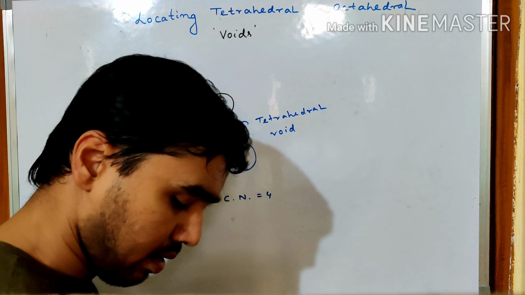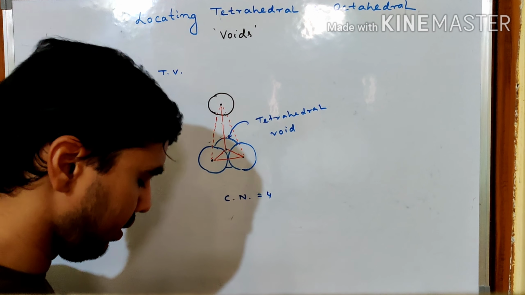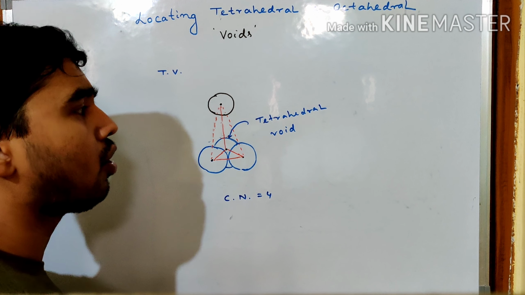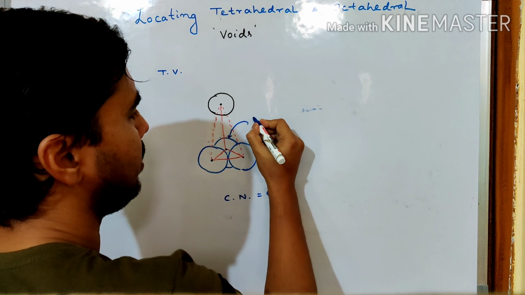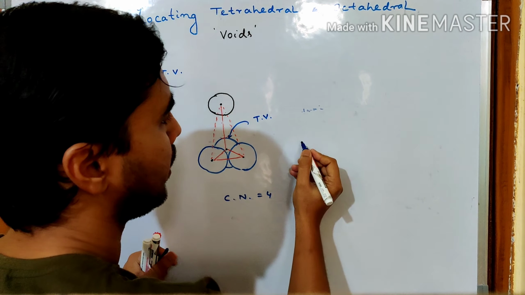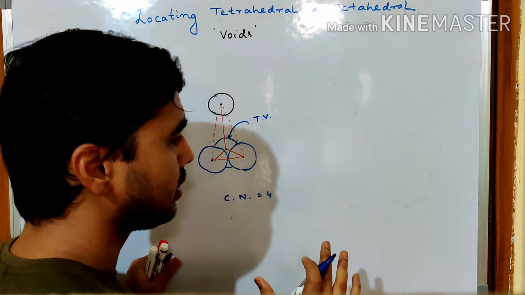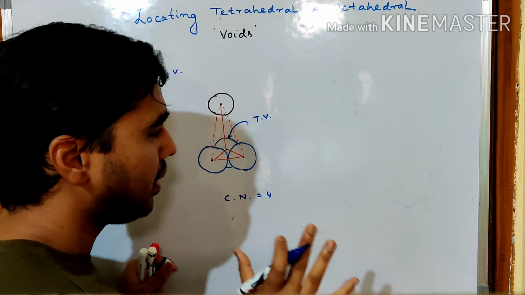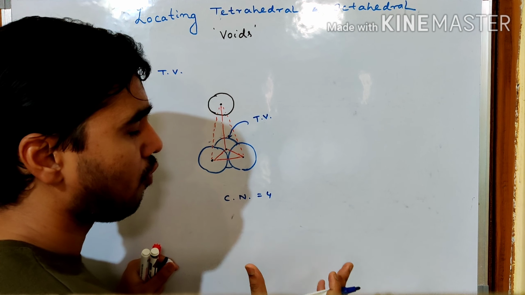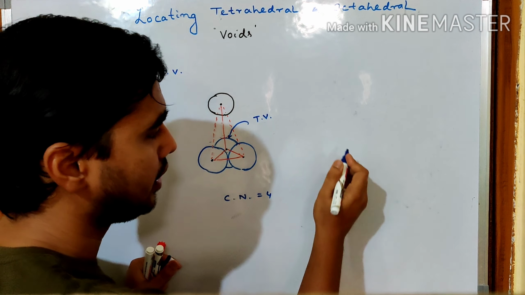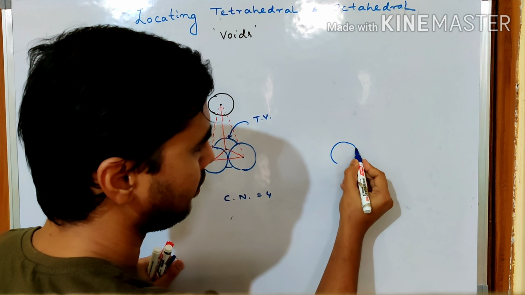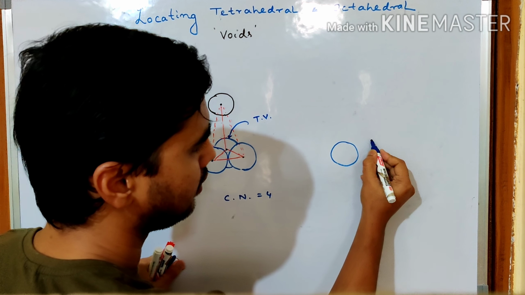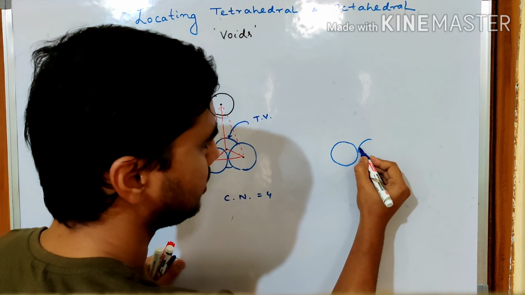Now, along with tetrahedral void, let us see how the octahedral voids will look like. In case of octahedral voids, the basic idea of forming the octahedral void is there will be 2 layers. First layer will be like this, as it is.